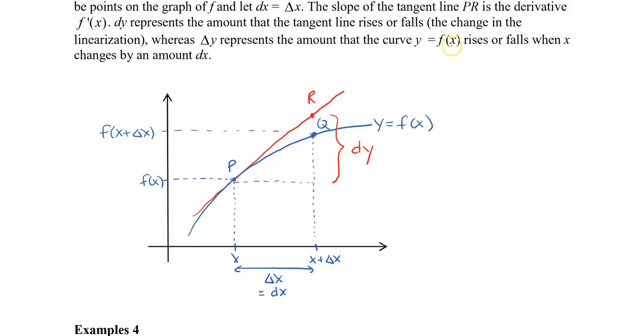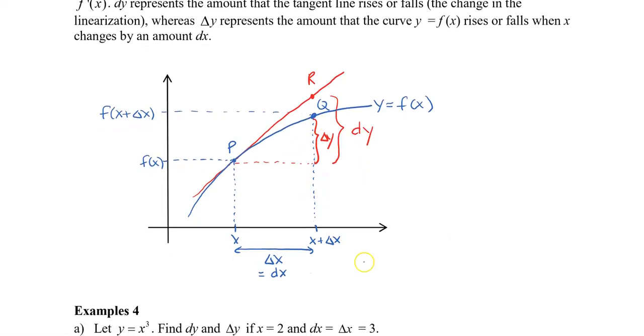And that is also the change in the linearization, whereas delta y represents the amount the curve rises or falls. So dy is the change in the tangent line, but delta y is the distance from here to here, and that's how much the curve is changing in the y direction.